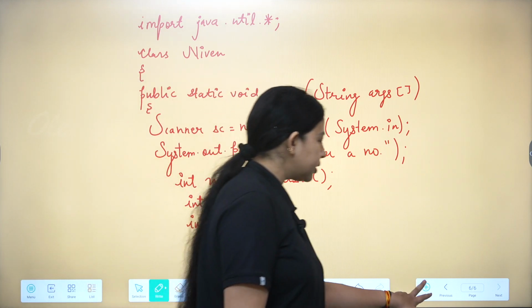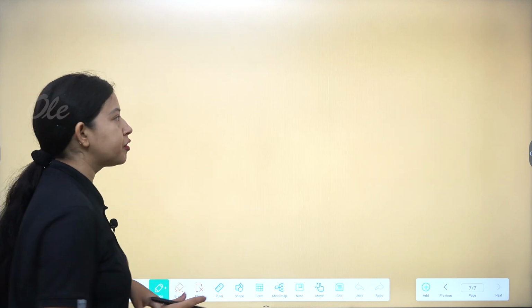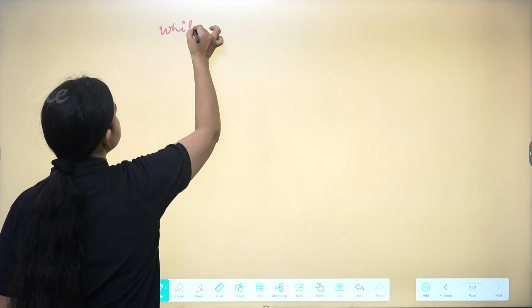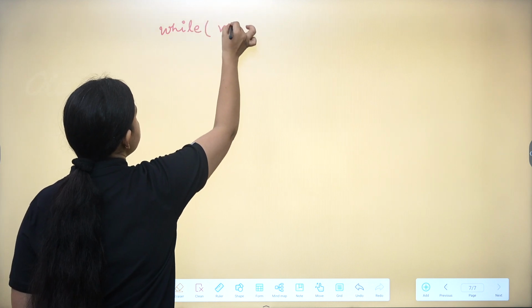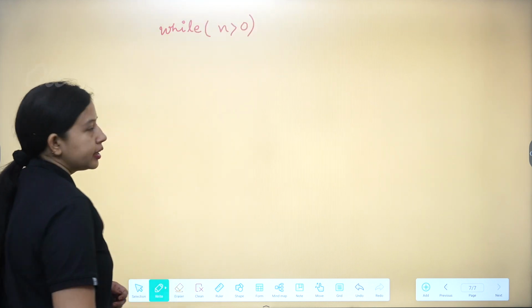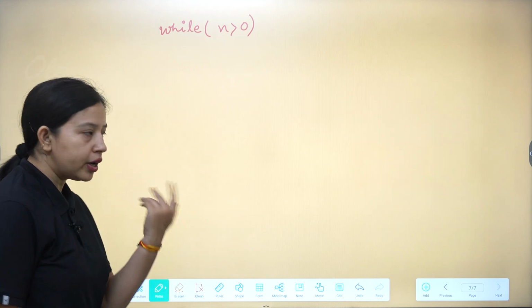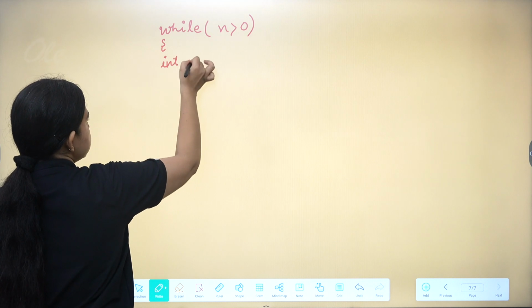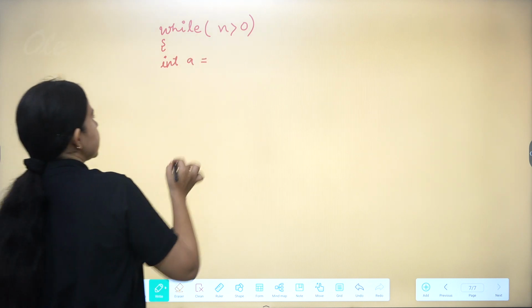Now further, the same thing is going to happen. We need to fetch out the digits of a number. For that we have a very common loop called while loop, and it will run while your number is greater than 0. Once your number becomes 0, it automatically terminates. Now we need one local variable, so I'll prefer a.